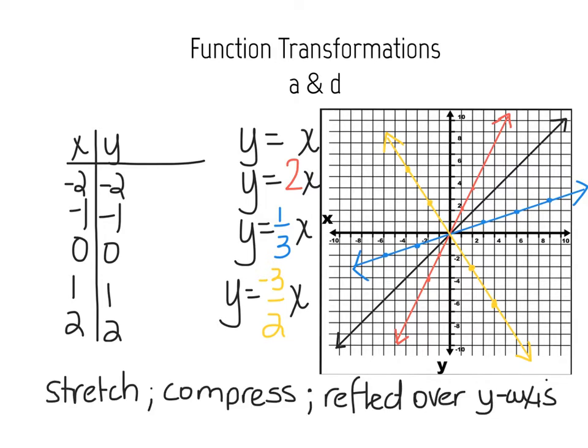Now I'm going to fill in the parent table over here, but what I'm going to do is just fill in the y's for the red graph, the y's for the blue graph, and the y's for the yellow graph. And notice when I fill in the y's for the red graph, if I put in -2, I'm getting -4. If I put in -1 as x, I'm getting -2.